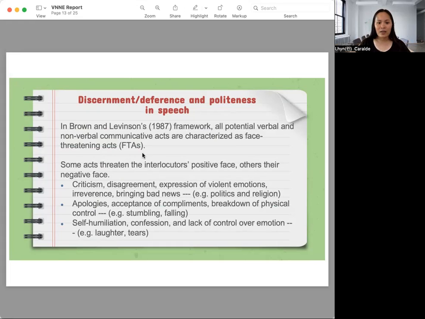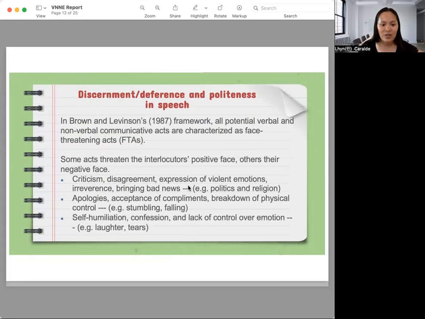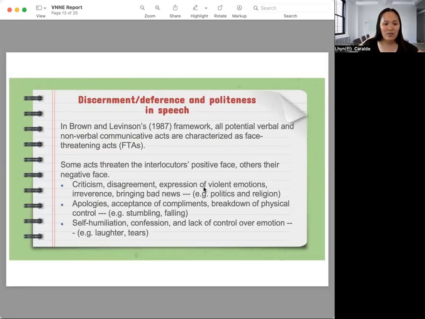For example, a happy person, of course, is wearing a smile, a sad person is without a smile, and also angry, based on their facial expressions. So some acts threaten the interlocutor's positive face, others their negative face. Okay, examples here: criticism, disagreement, expression of violent emotions, irreverence, bringing bad news. Okay, like politics and religion.